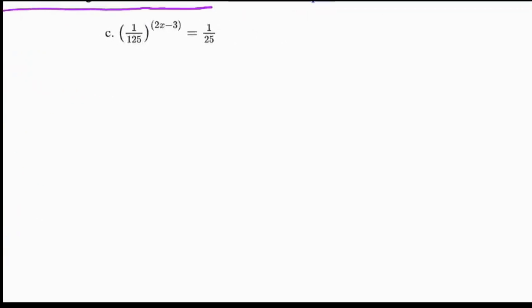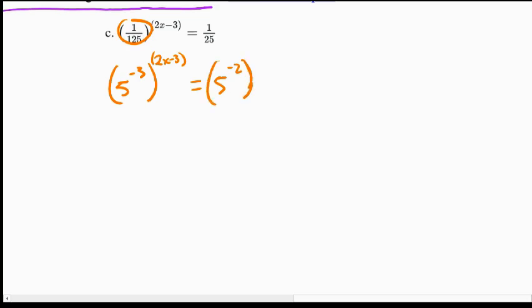And last one here, 1 over 125 is 5 to the power of -3. 1 over 25 is 5 to the power of -2. And I'm going to use my power of a power rule to multiply these and get 5 to the power of -6x plus 9 equals 5 to the power of -2.